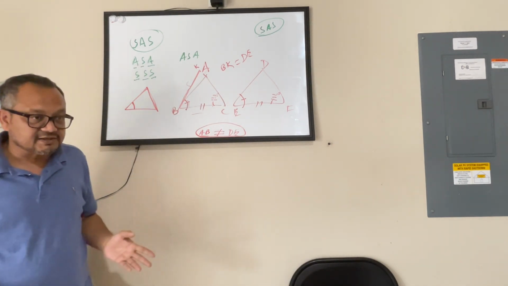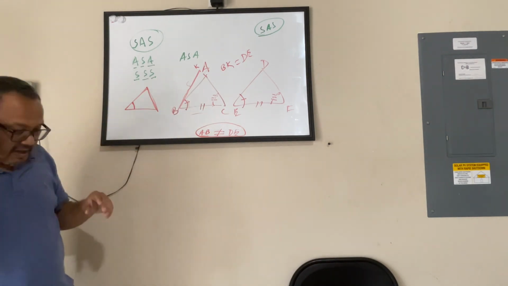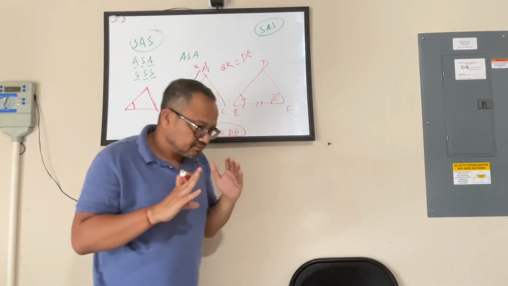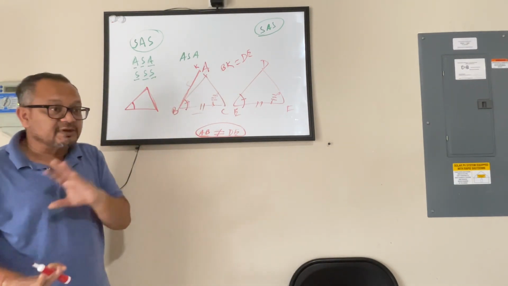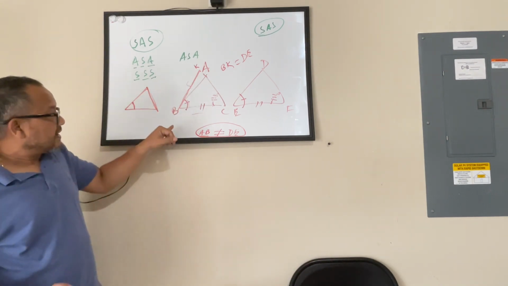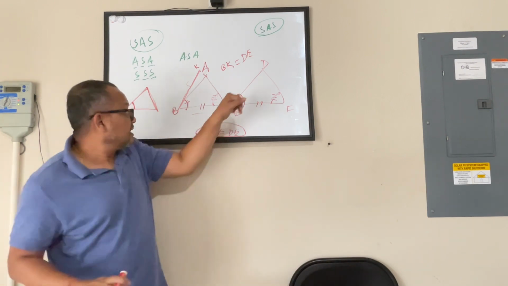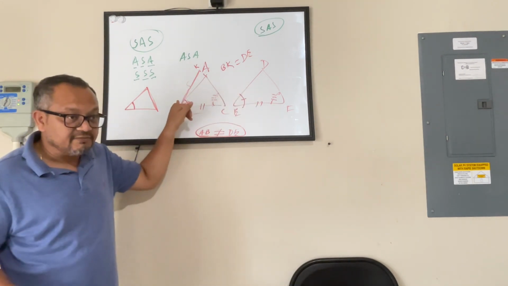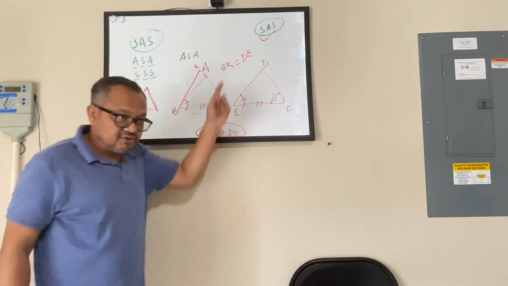That's a hypothetical scenario. So for proving this theorem, this theorem is always right, we are just trying to prove that. And here we have to look at two scenarios. One scenario is when these two sides are the same, then that is proved using SAS.